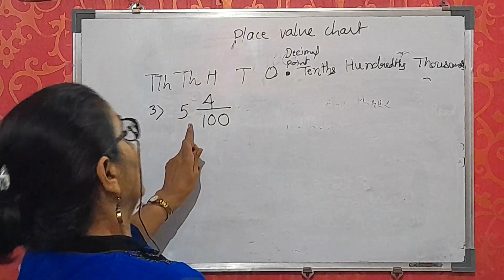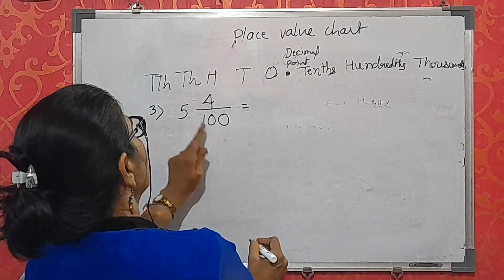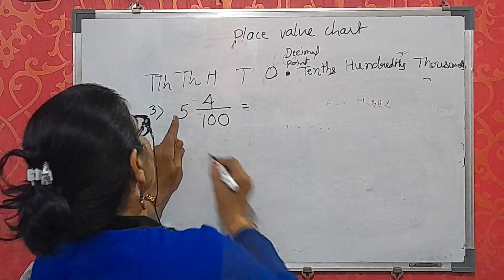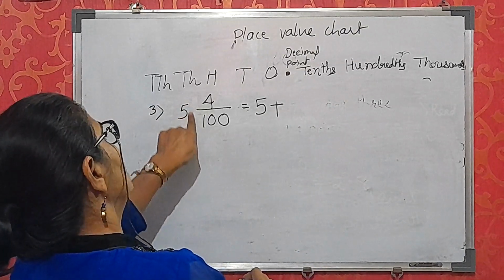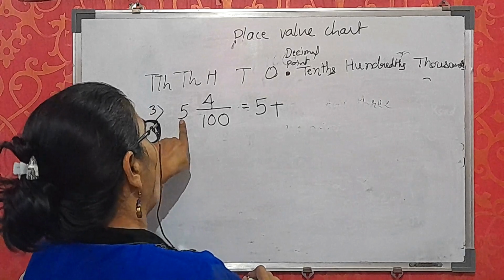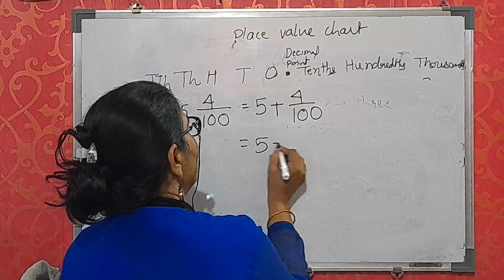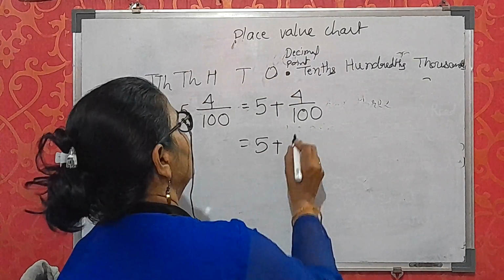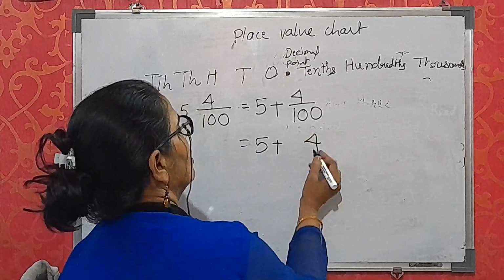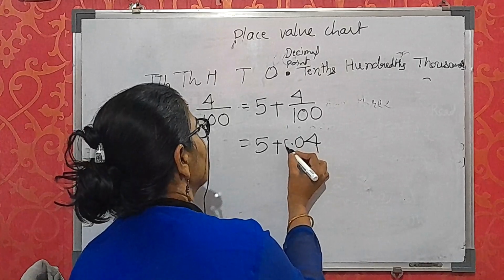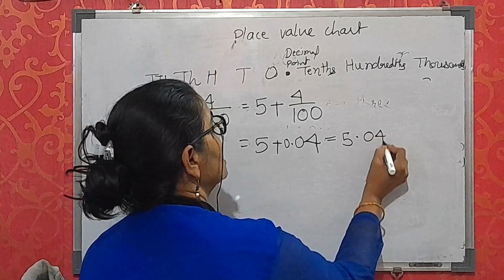Your third number is suppose 5 integer 4 upon 100. How will you read this number and how will you convert into decimal? Same method. Instead of 10, here it is given 100. So 5 is a whole number. So 5 plus, you can expand also. 5 whole number plus 4 upon 100 which is equal to 5 plus, convert this fraction into decimal. Numerator write as it is. Denominator 1, 2 zeros. So 1 and 2 and then decimal. 5 plus 0.04 is 5.04 is the answer.